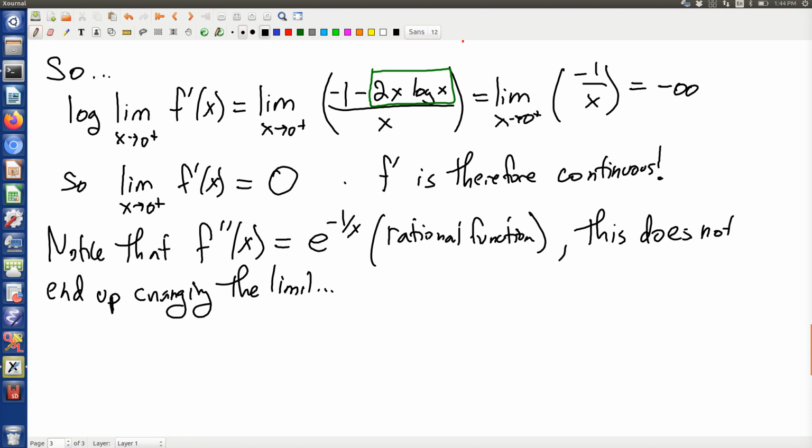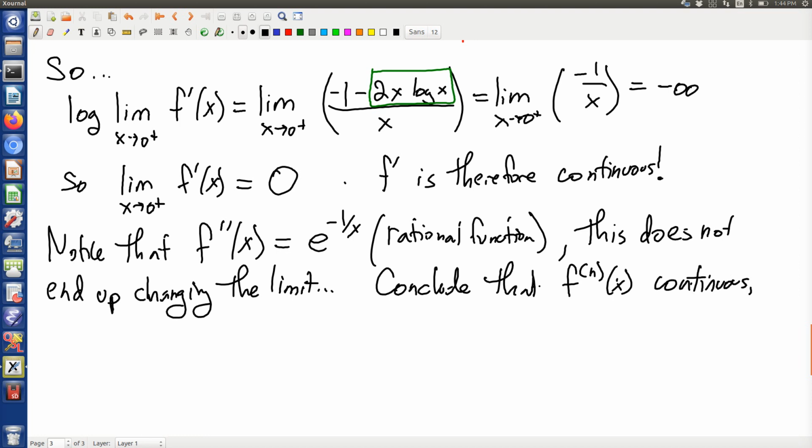And so we can safely conclude that f^(n) of x is continuous, i.e. f is smooth.